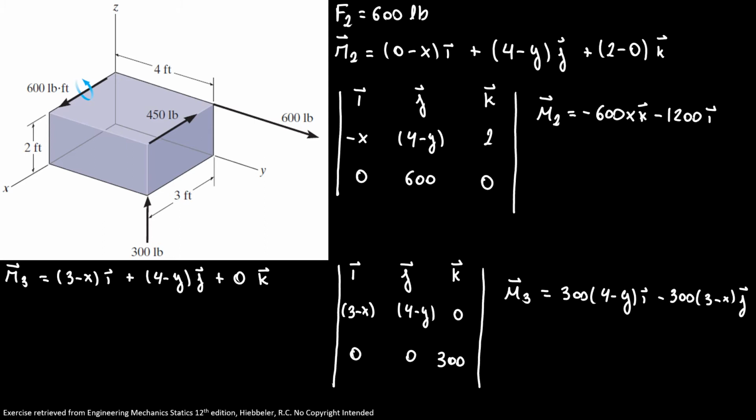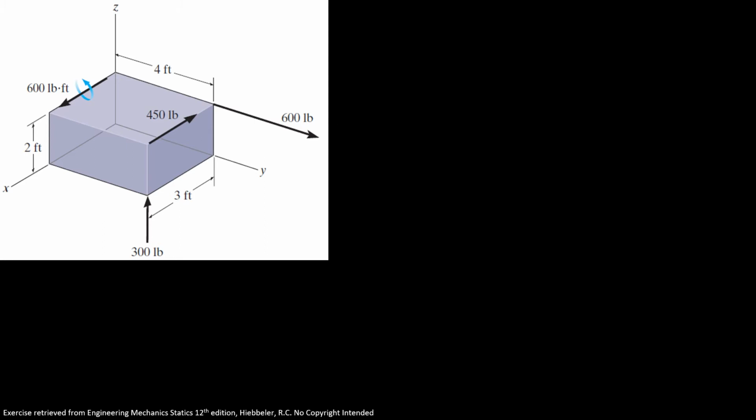Now we have our 3 moments that we just discovered, and now we're going to discover where and how our resultant moment is in Cartesian vector. So I know that our force is equal to minus 450 I plus 600 j plus 300 k, and our magnitude is 808 pounds.